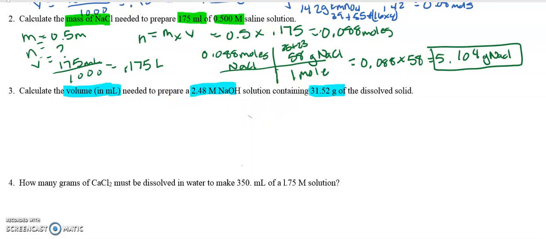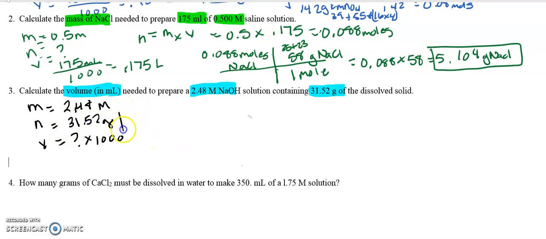So I have M, n, V, my 3 variables. We're going to solve for V, and whatever we get, we know we're going to multiply it by 1,000. My molarity is 2.48. And I have a mass of 31.52 grams, but I need moles.